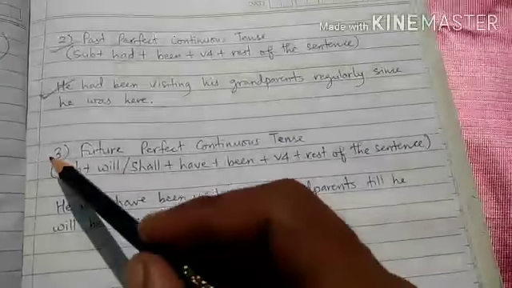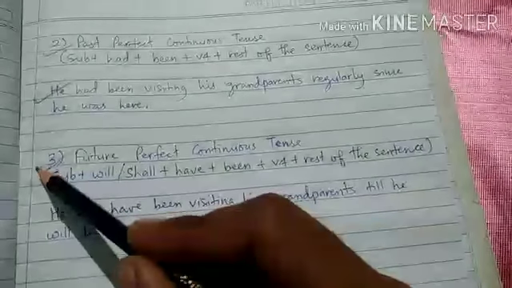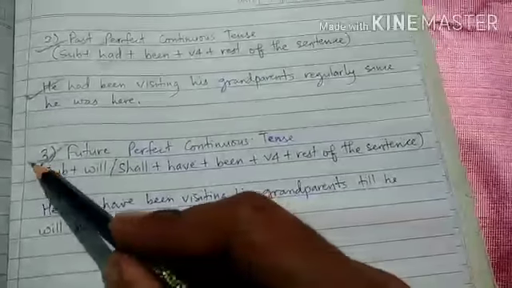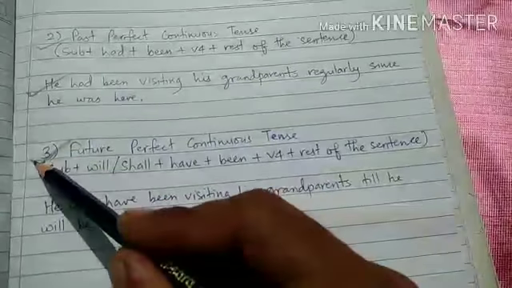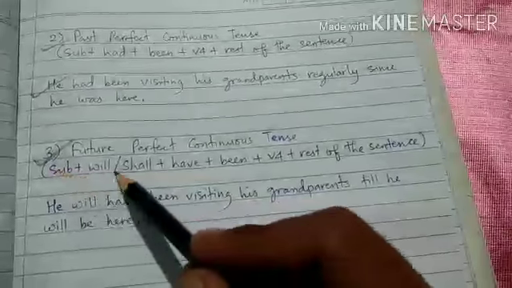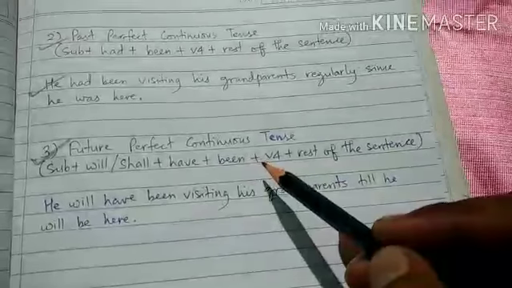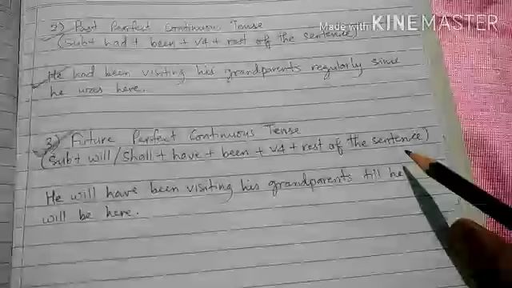Now let us go to future perfect continuous tenses. Future perfect continuous tense: subject plus will or shall plus have plus been plus V-ing plus rest of the sentence.